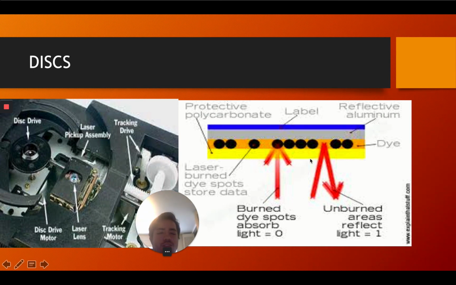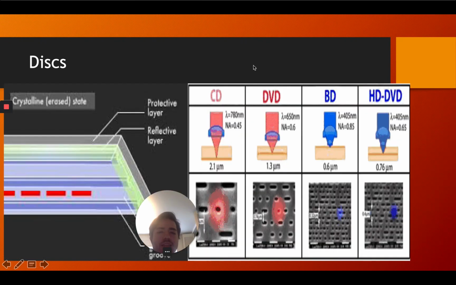So these lasers hit it, and yeah. The evolution to Blu-ray has been very beneficial, because now we're able to distinguish smaller things easier. So now we're able to put more little dyes in the same surface area to create a mass of information, zeros and ones, for the computer to resolve.